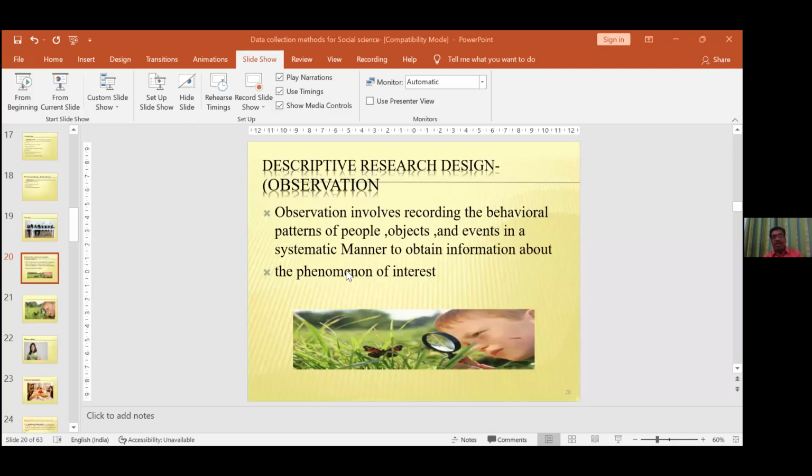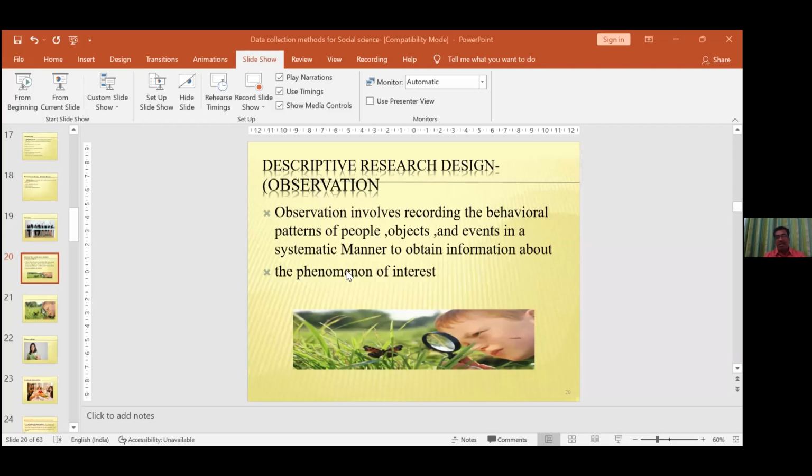We can collect some data through observation. Observation involves recording the behavioral pattern of people, objects, or events in a systematic manner to obtain information about the phenomenon of interest. You can calculate these things with the help of observation.